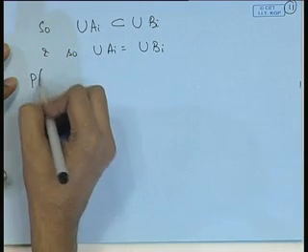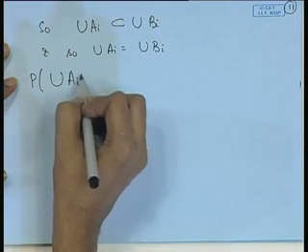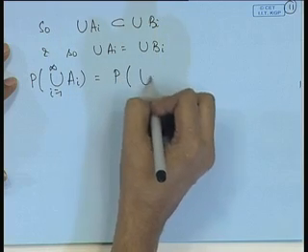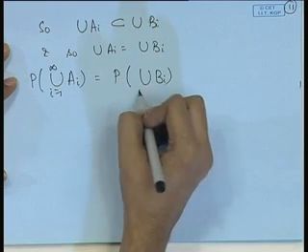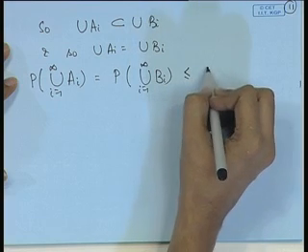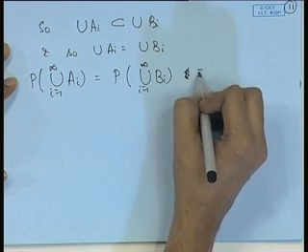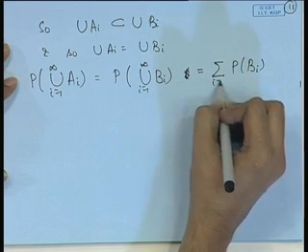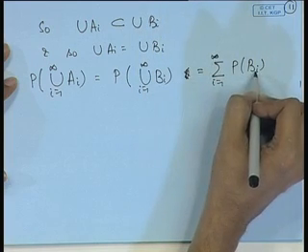So now, if we consider probability of union of A_i, i is equal to 1 to infinity, it is probability of union of B_i, which is actually equal to the sum of the probabilities of B_i's, because B_i's are now disjoint and we can use the axiom of countable additivity.